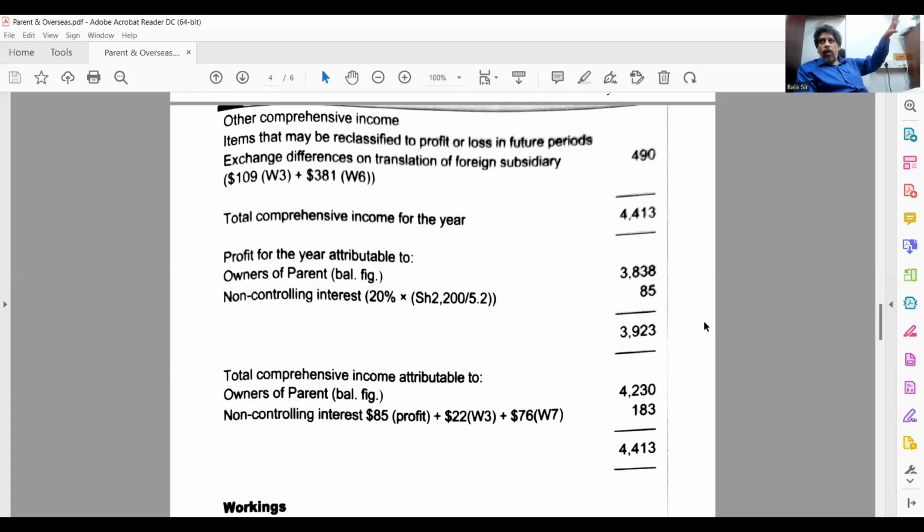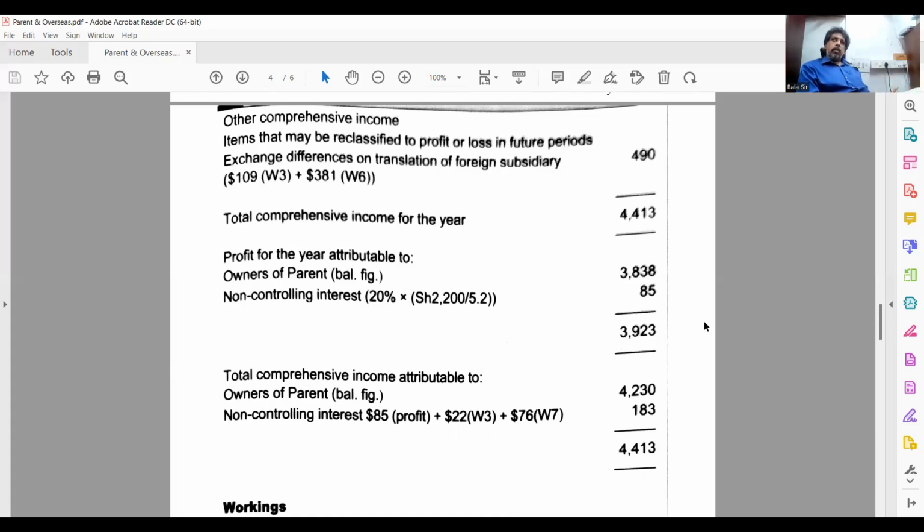But please remember the foreign currency translation reserve, or the exchange difference arising on translation of a foreign subsidiary, is an item which can be reclassified to profit or loss. Suppose the parent is going to dispose of their 80% interest in the subsidiary later. Then whatever amount they have in FCTR can be taken to profit or loss. That is why they give the heading: items that will be reclassified to profit or loss in future periods, when the parent is going to dispose of the subsidiary.